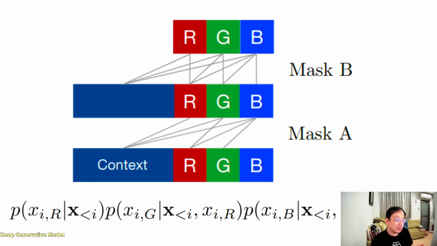So why not just consider these three to be a vector? If we have RGB, then we simply have a vector of size 3, and we consider this as one element. Because autoregressive models can apply to a sequence of vectors. For sure, that's no problem.